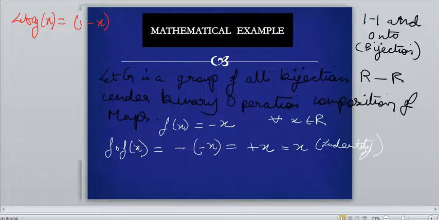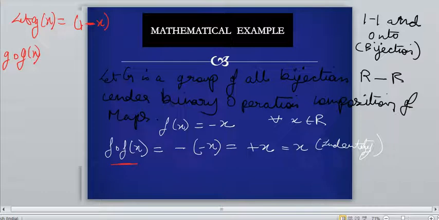Now if I do the same thing I did for f of f, that is g of g of x, then what do we get here? We get 1 minus, 1 minus x, and the answer is x, isn't it? We are again getting the identity.